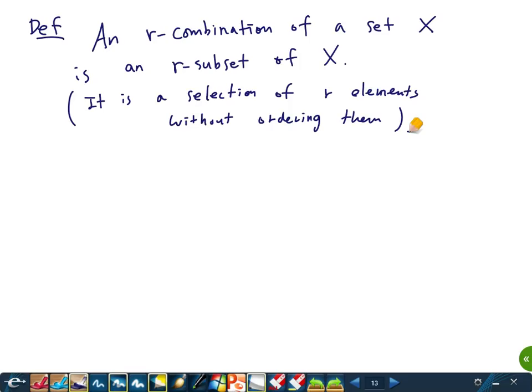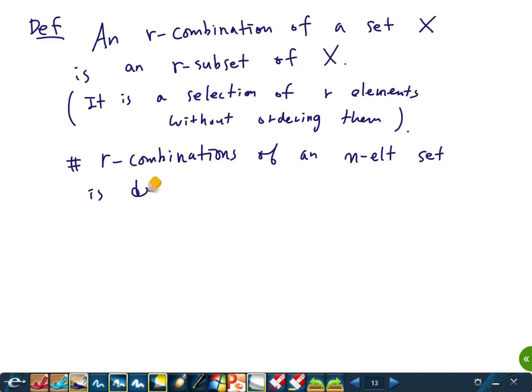Okay? And the number of r-combinations of an n-element set is denoted by this, and we read this as n choose r. Or C(n, r).